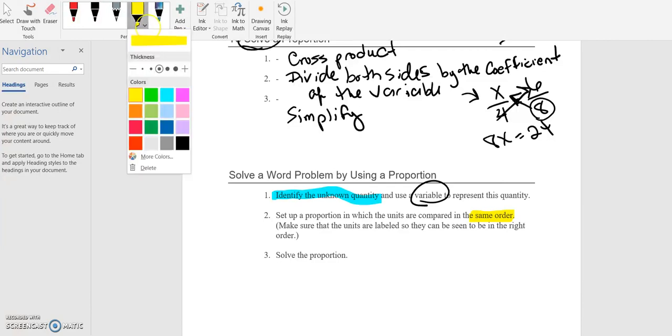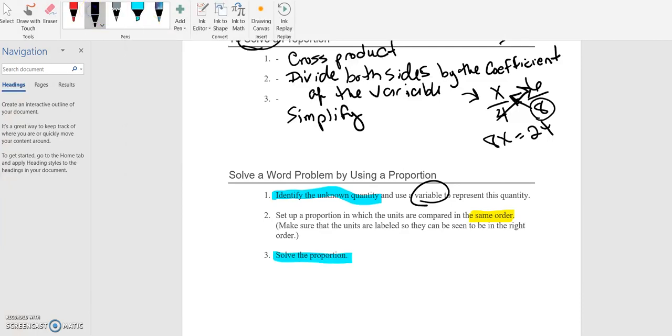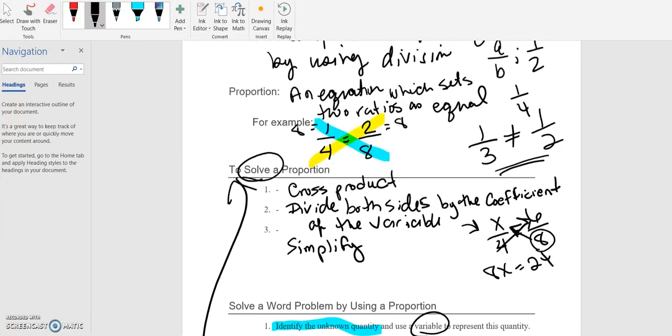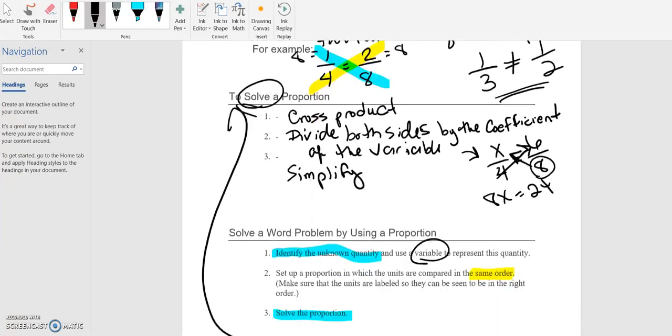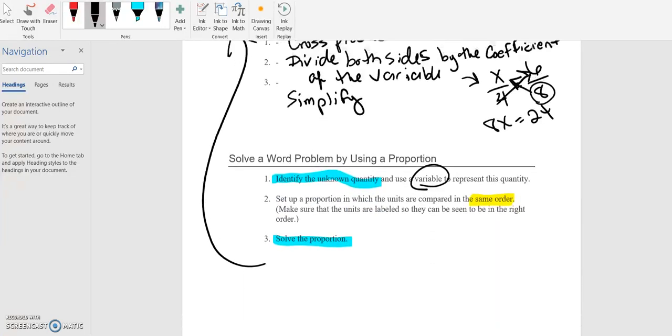And then we need to solve the proportion, and we know how to do that from our work up here. Okay, so let's get started working a few examples. I think this should be sufficient for us. Let's work a few examples and go from there.